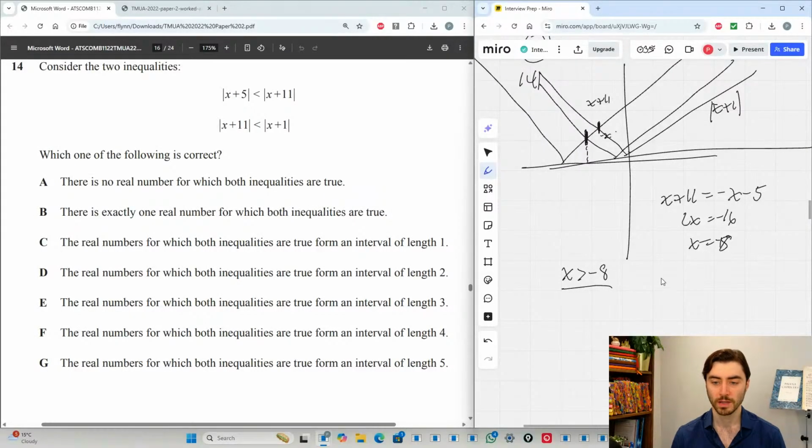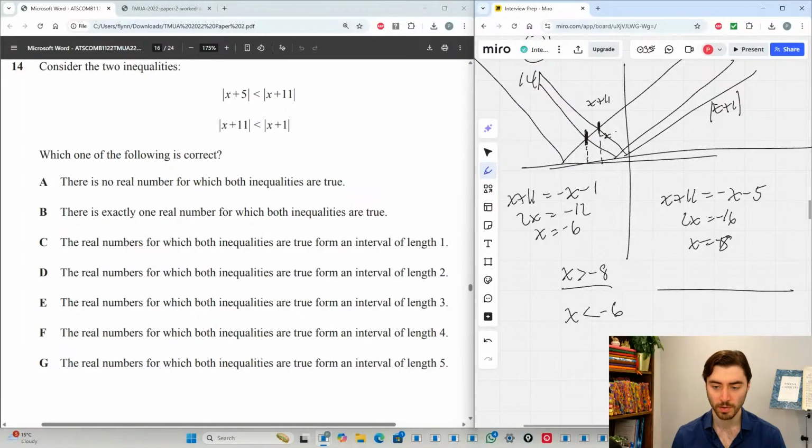And again, in this one x plus 11 on this branch is equal to minus x minus 1. So that means that 2x is minus 12 and x is minus 6. So the second one is true when x is less than minus 6.